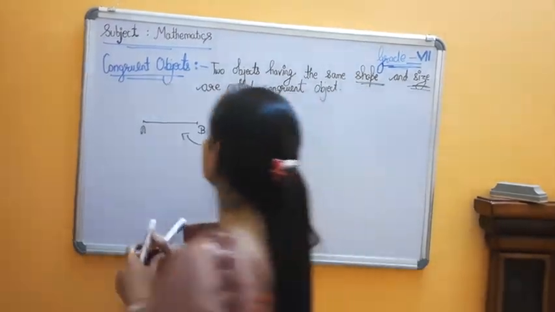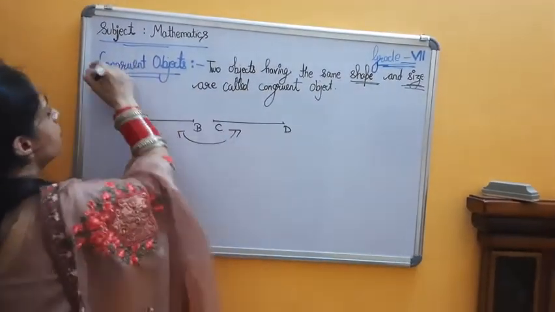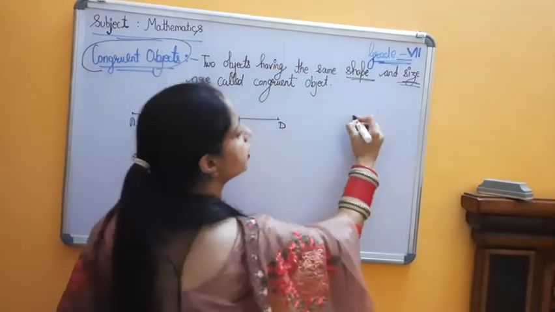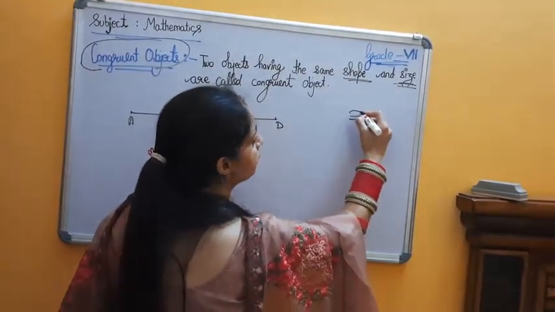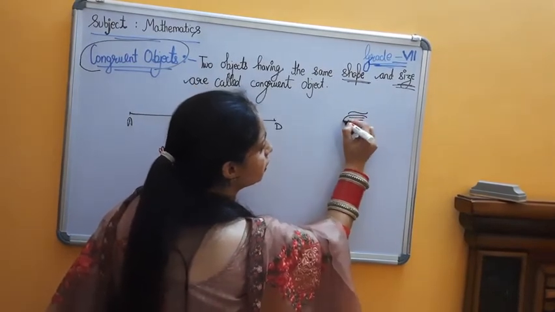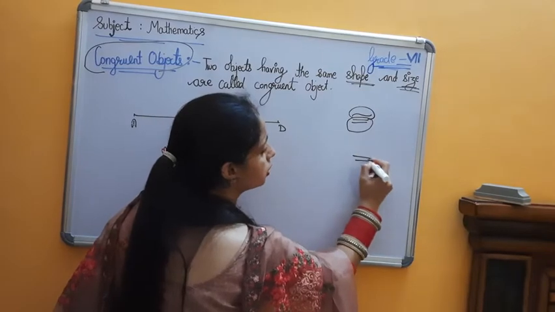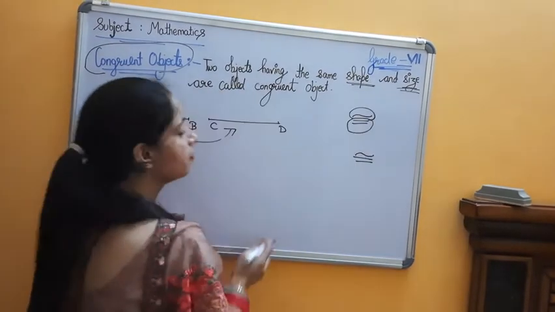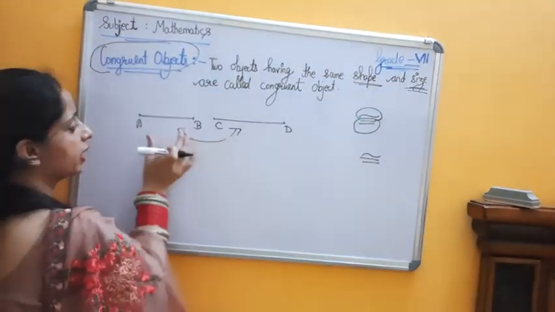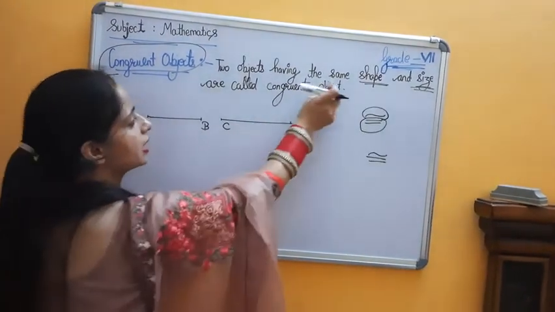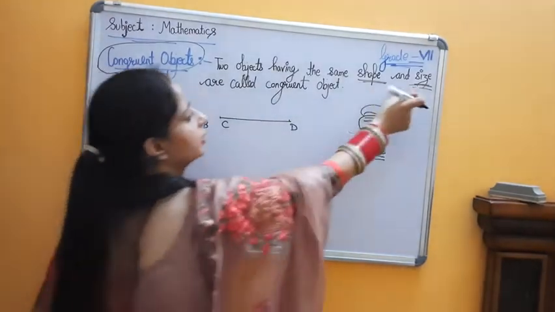Sorry, I skipped one thing, that is how we write congruent objects. If two objects are said to be congruent, we will use this sign. This means equal and same. So the congruent sign is this one. If I want to write that AB is congruent to CD, congruent means same shape, both are lines, and same size.